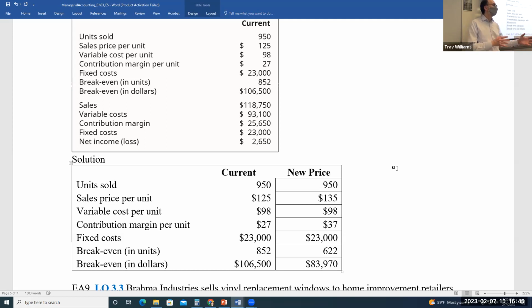You could do it either way and it would still count it as right. But if you ever think that you've been marked incorrect because of a rounding error, bring it to my attention, I'll check it out. But yeah, it seems like the textbook answers are based on number of units times the sales price per unit. It seems like that's really the way that they tend to go.